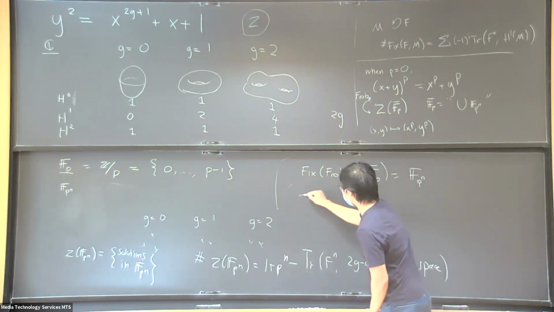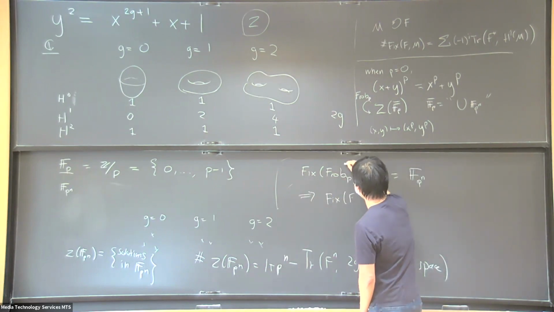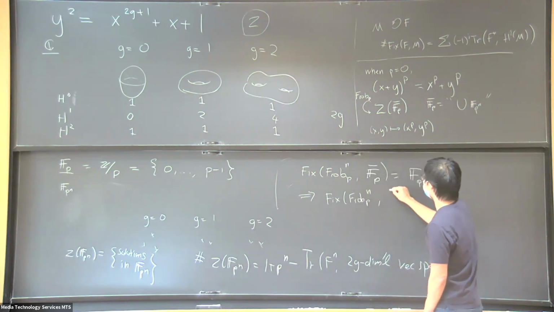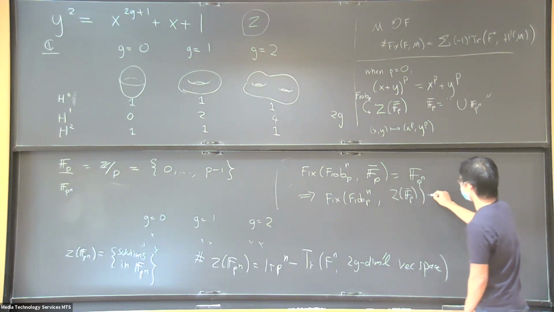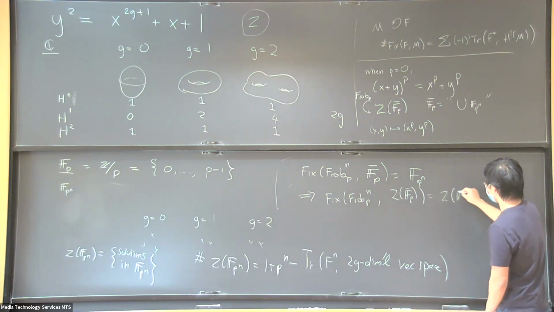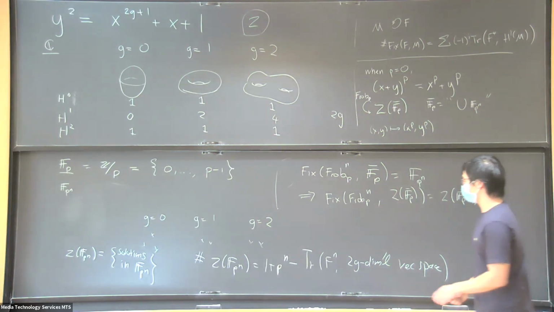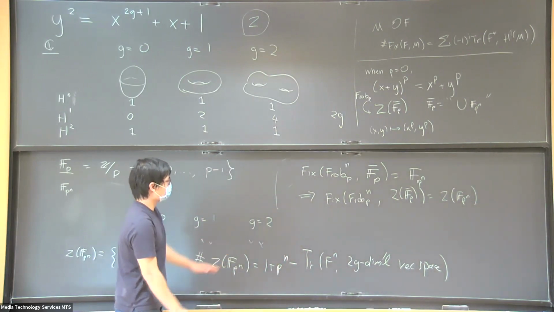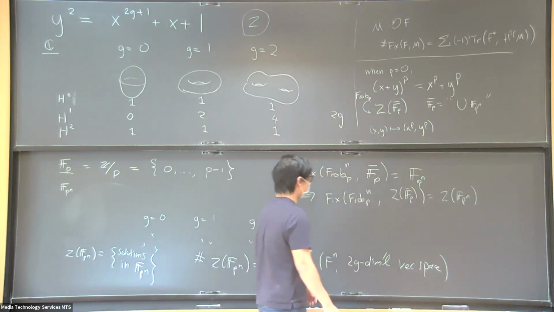And that implies that the fixed points of Frobenius to the n power on my solutions to my equation over the algebraic closure is exactly the solutions over Fp to the n. So I've managed to present this solution set that we're counting as the fixed points on something else.